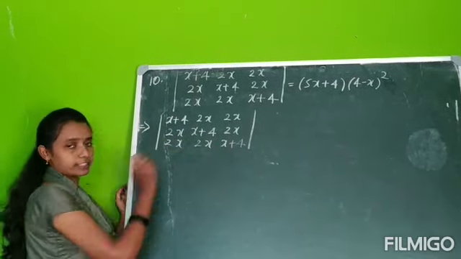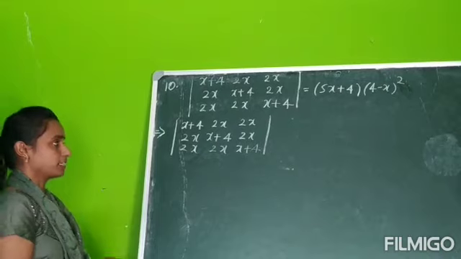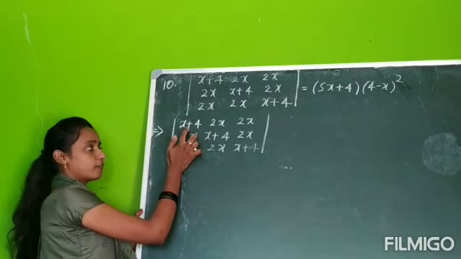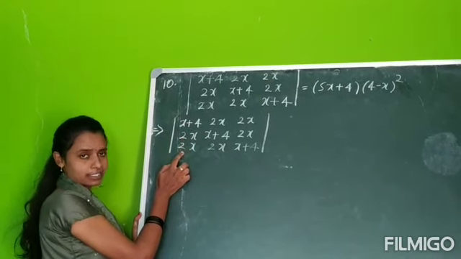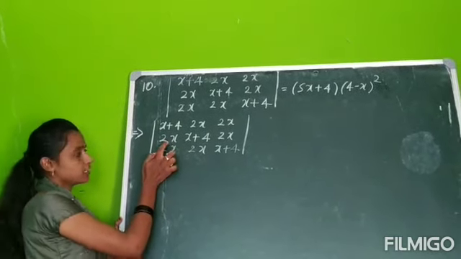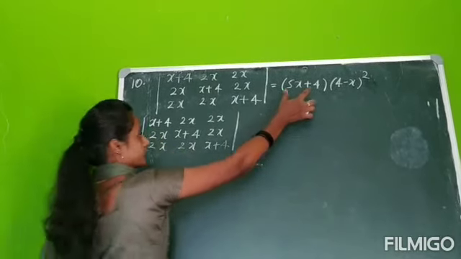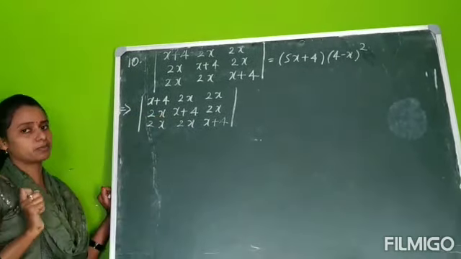The constant 4 is there, and you need to add x five times. That means you can add R1 plus R2 plus R3: x plus 2x will be 3x, 3x plus 2x will be 5x. So hence you will get one factor of the RHS, that is 5x plus 4.